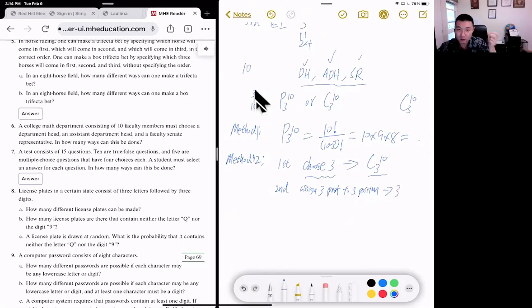Then we choose one from the remaining 2 for the assistant department head, times 2. Then the remaining professor will be the senate representative, times 1. So the first step times the second step, which is 3 times 2 times 1. You get the same answer as this one.